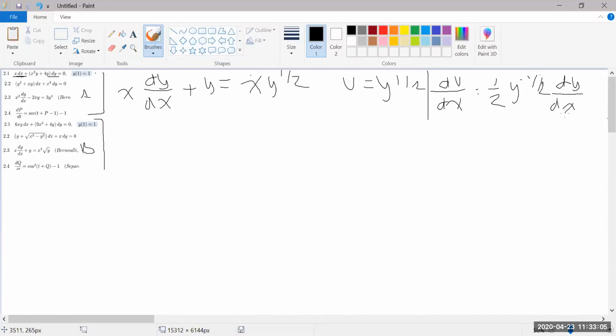Okay, so now we are going to put this into standard form. So our dy dx plus y over x equals x y to the 1/2.